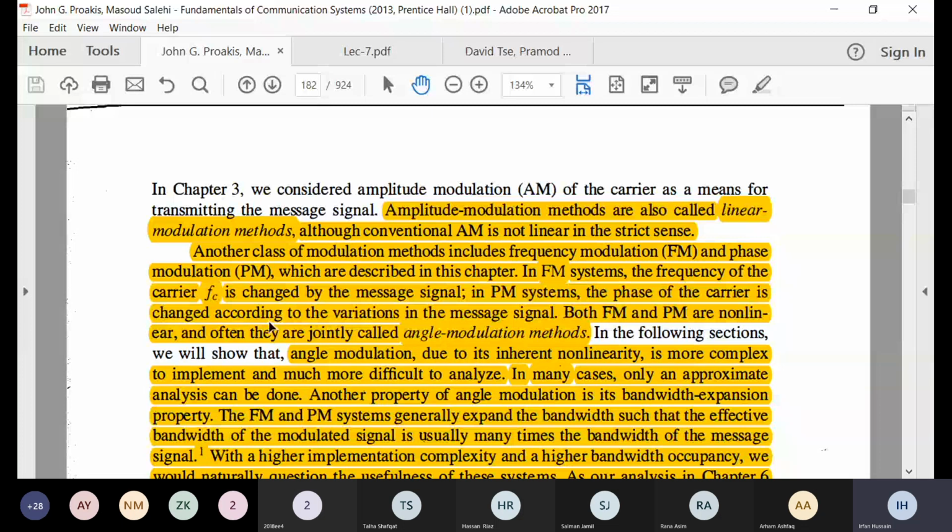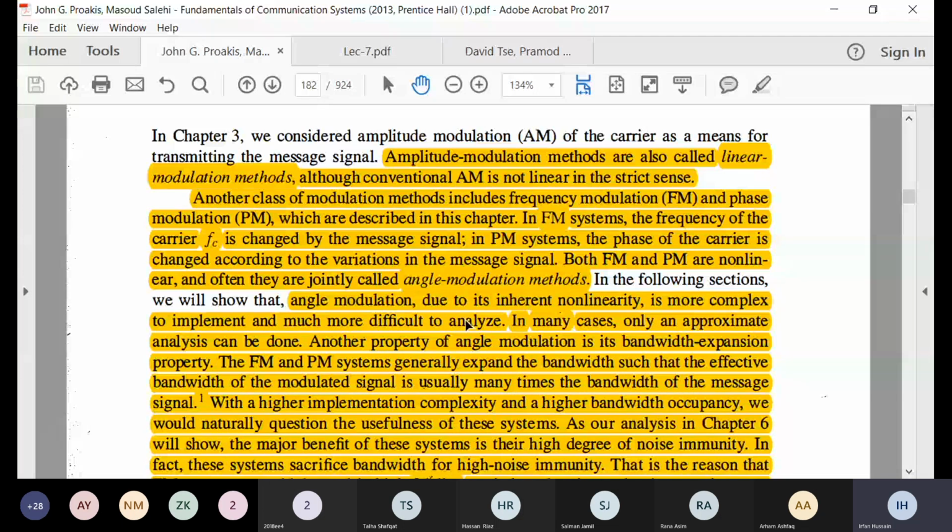In FM systems, the frequency of the carrier is changed by the message signal, while in PM systems, the phase of the carrier is changed by the message signal, and they are non-linear, definitely. They are called angle modulation methods. So it is more complex to implement. It is difficult to analyze, and we can only do its approximate analysis.